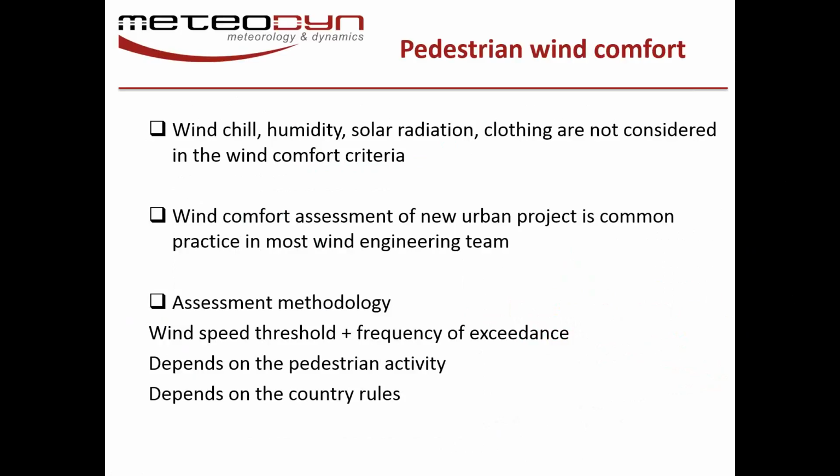So the assessment methodology today is based on wind speed thresholds and on the frequency of exceedance of these thresholds. But the comfort also depends on the pedestrian activity. Nowadays, there are lots of rules in the world, so different assessment methodologies are given in each country.